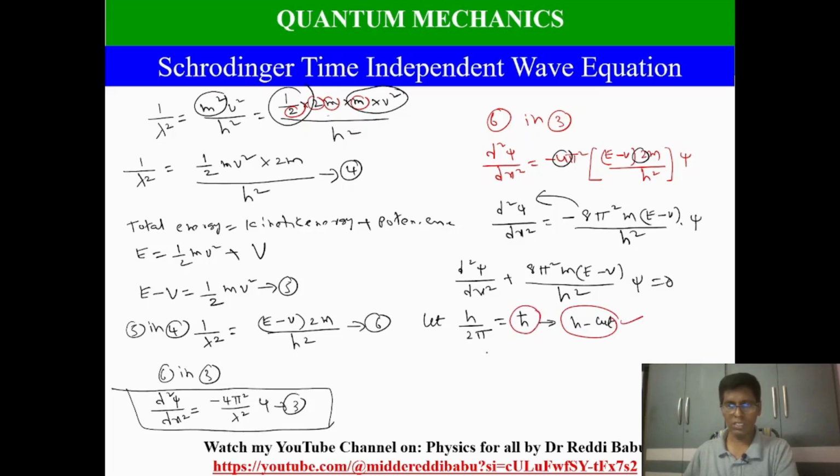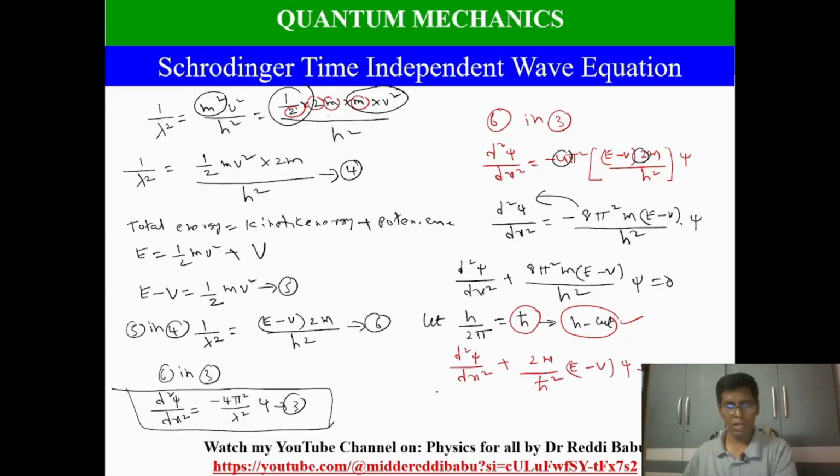Read this as h cut. I am writing d square psi divided by dx square plus 2m divided by h cut square into E minus V into psi is equal to 0.